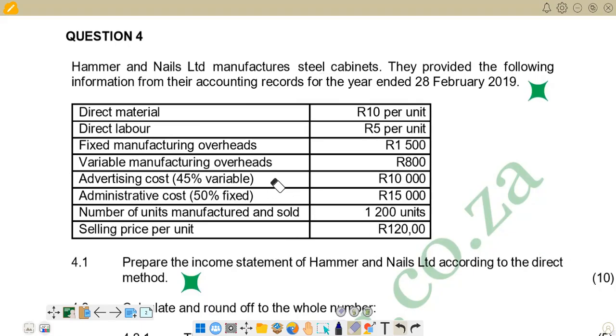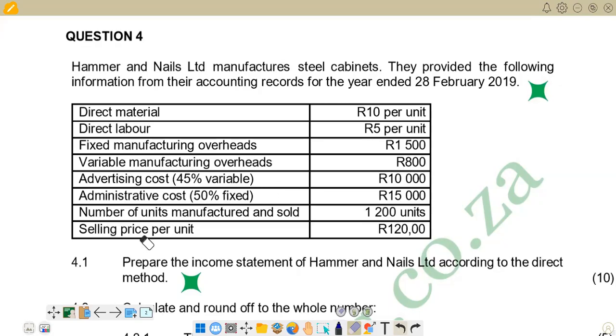So we are going to go through this income statement. And remember, on the income statement, we are going to start with the sales figure. If you look in the table there, we are not given the value of the sales.